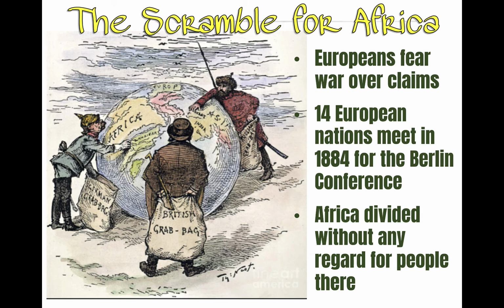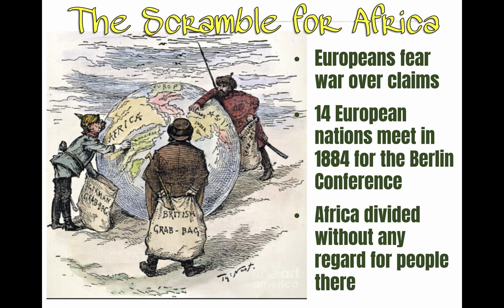Think about that. They're taking a whole continent with people who live there, who have civilization, who have their own tribes. You saw 1,000 different languages, 1,000 different groups living there. And they are going to take Africa and divide it how they want amongst these 14 European nations. Wow. Let that sink in for a minute.